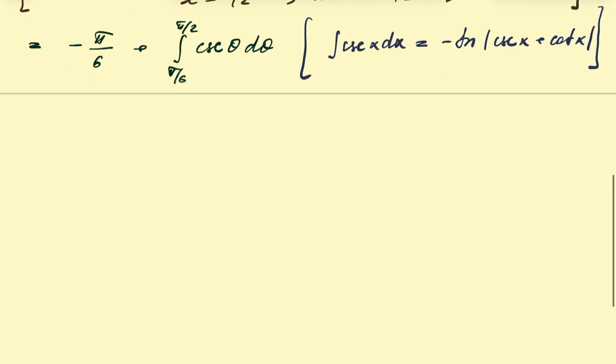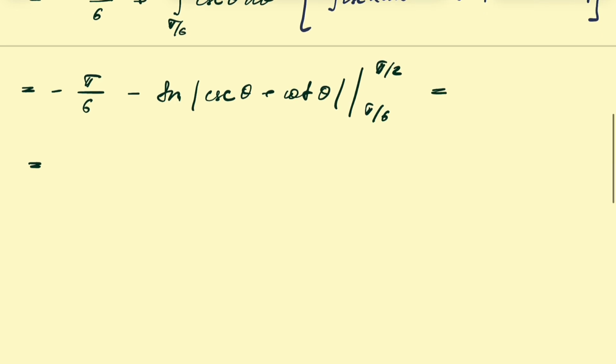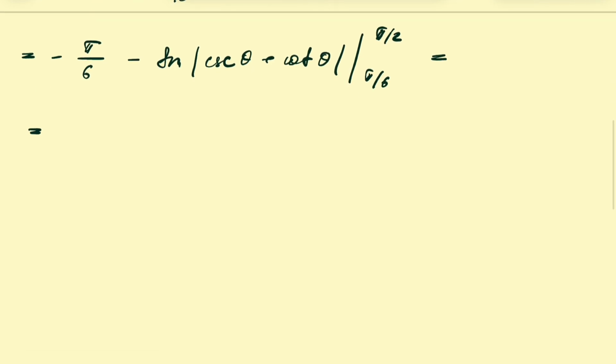Alright, so we can continue. We have minus pi over 6 plus, well, actually minus ln of cosecant theta plus cotangent of theta from pi over 6 to pi over 2, right?